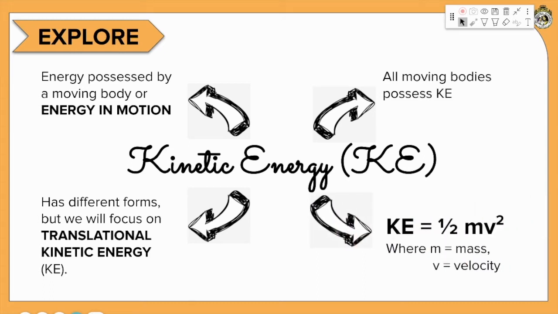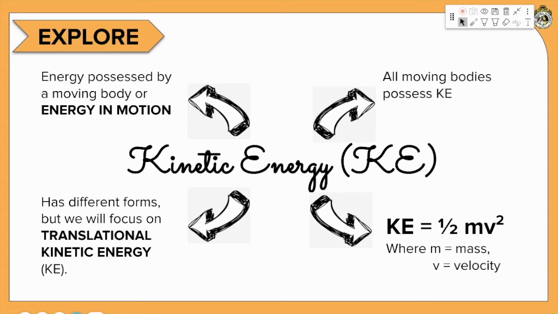There's a corresponding formula for kinetic energy: KE is equal to 1/2 mv squared, where m is the mass as you know it, and v is the velocity.